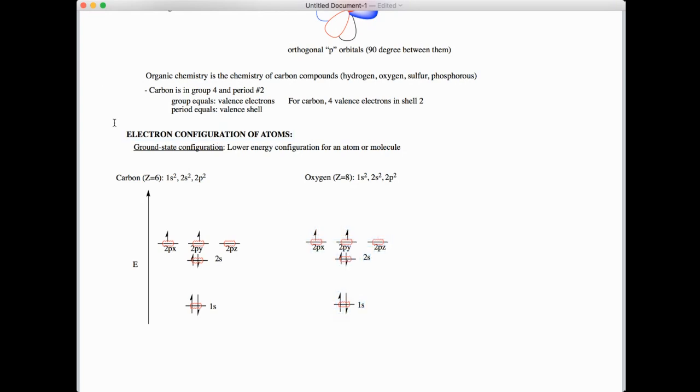So we have 2, 4, 5, 6. We need to add 2 more. So I'm going to add 1 here. Once again, we complete the degenerate orbitals first, and then 1 over here. Okay, 2, 4, 5, 6, 7, 8.